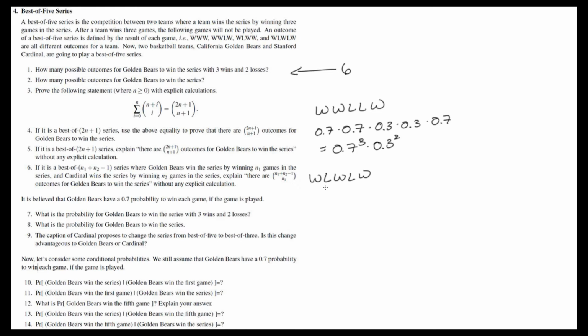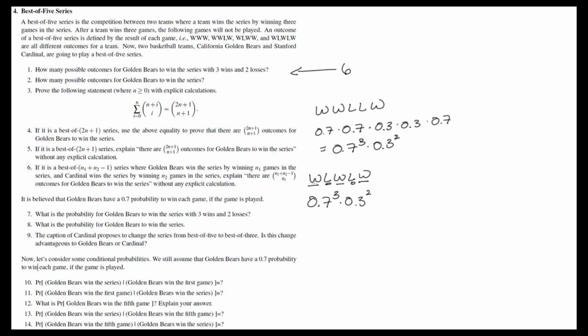And in this case, we're also going to have 0.7 cubed, 1 for each win, and for each of the losses, we're going to have 0.3 squared.